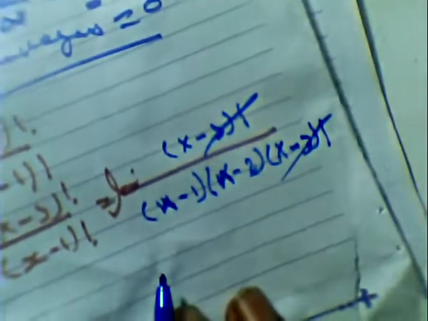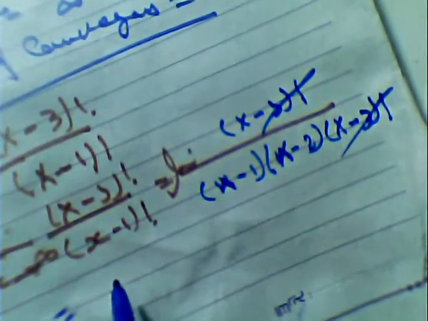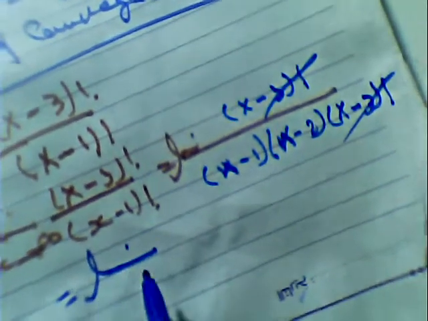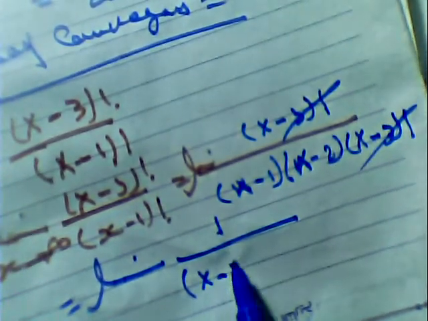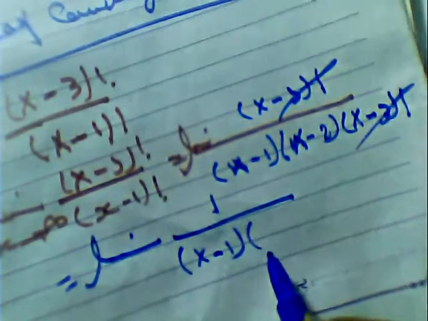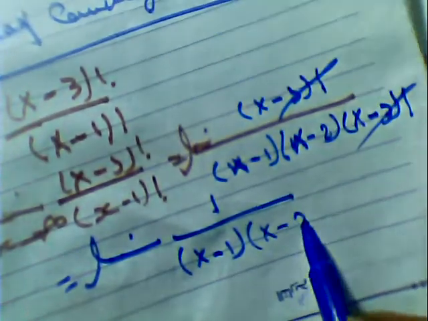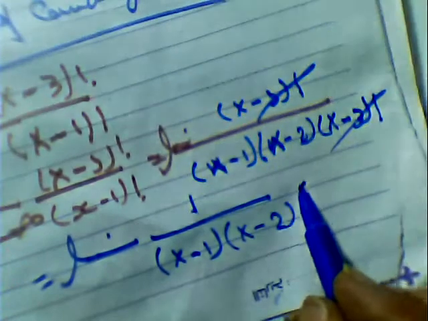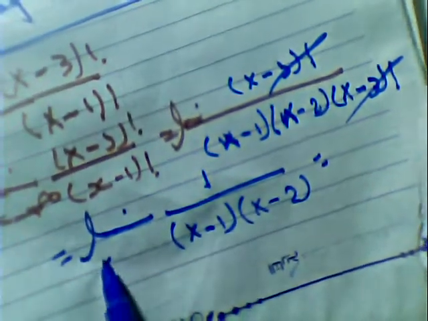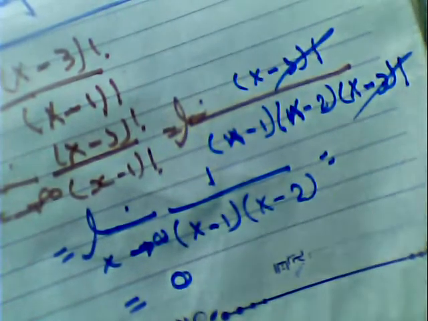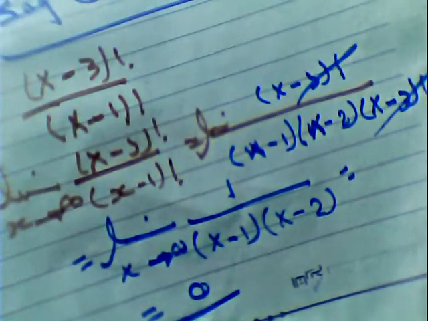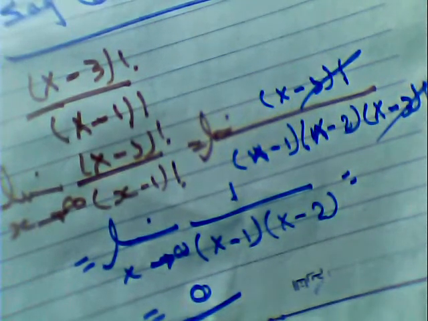This cancels with this, then it equals the limit of 1 over x minus 1 times x minus 2, and as x goes to infinity this equals 0. So the sequence converges to 0.